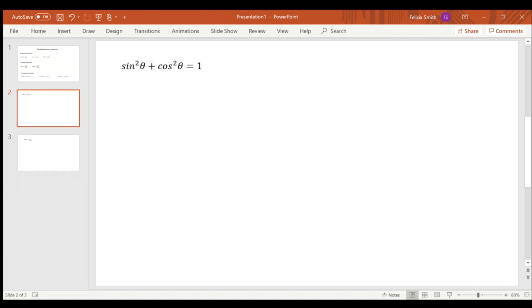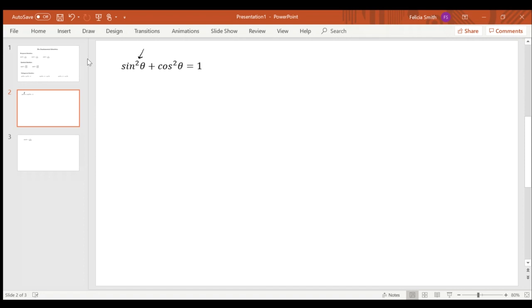And now you can pick how you want to go about working with this problem. I'm going to do a little bit of rewriting here to get us started. Keep in mind what it means to square something. You're going to notice that when you're working with these identities, the 2 as the exponent is going to sit between the sine function and the theta itself.